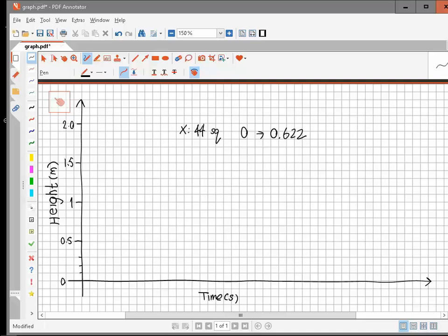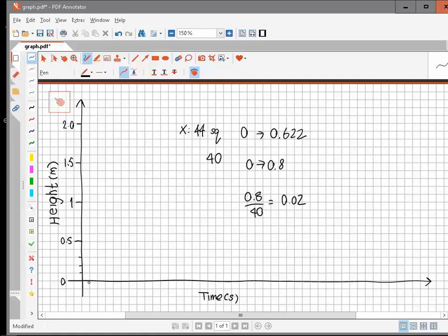So once again, it seems that the most convenient scale to use would probably be to use 40 squares and go from 0 to 0.8. In such case, if we divide 0.8 by 40, doing this on my calculator, we get 0.02 of a second.